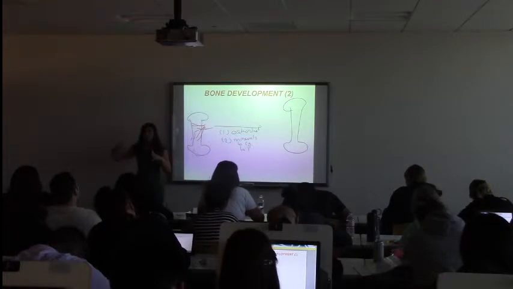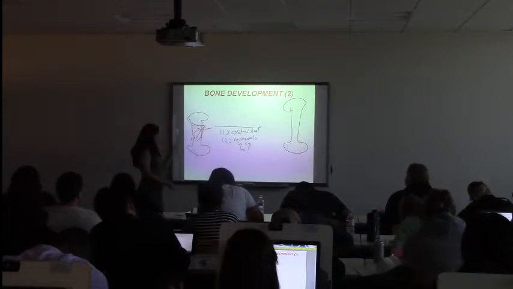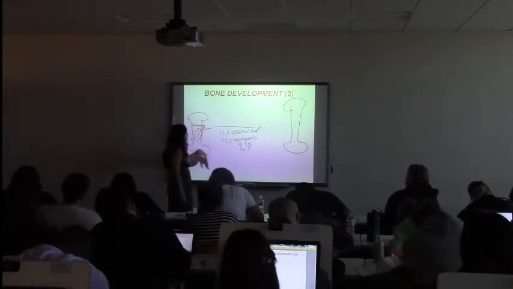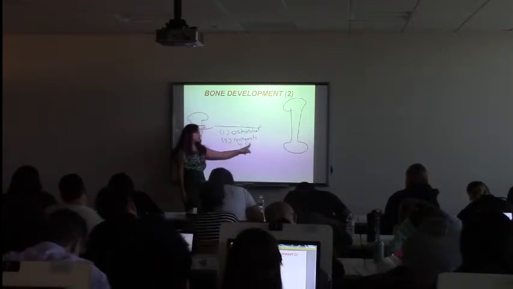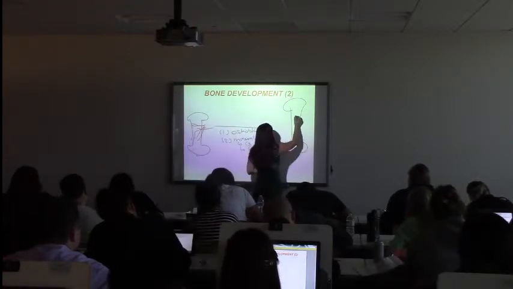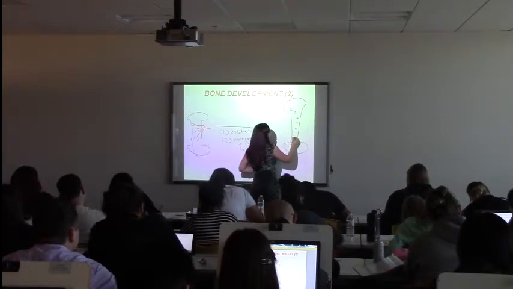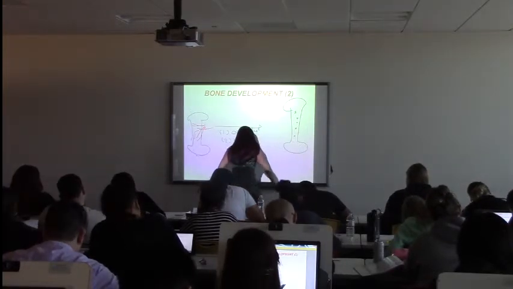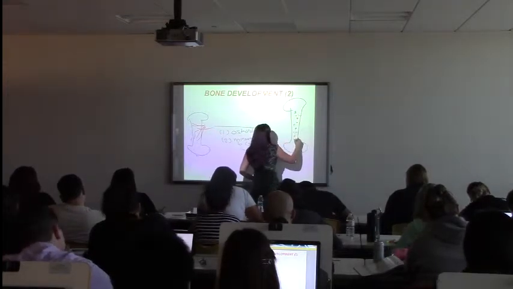So as soon as infiltration of blood vessels occurred and those blood vessels are bringing in blood, the blood brings two components into this hollow bone area: osteoblasts, which are bone-forming cells, and minerals. What minerals? Calcium and phosphate. So now you have osteoblasts in here. You also have calcium and phosphate.